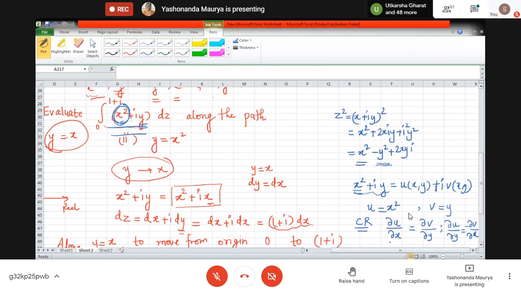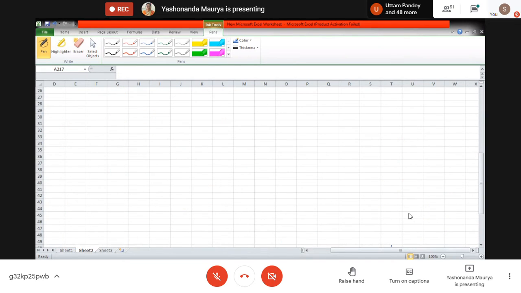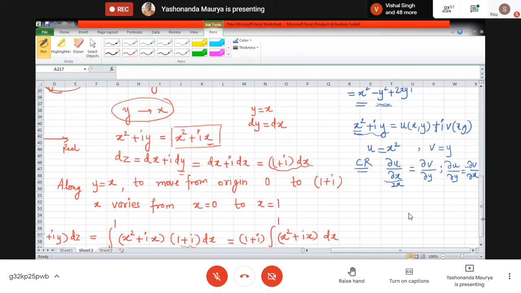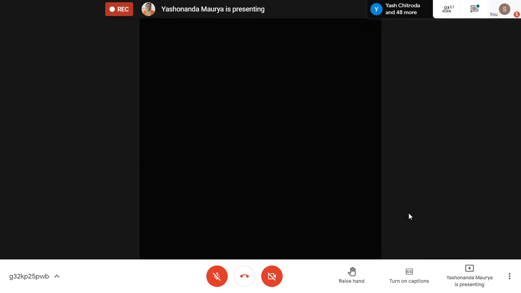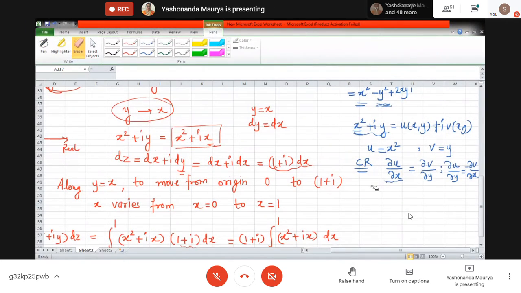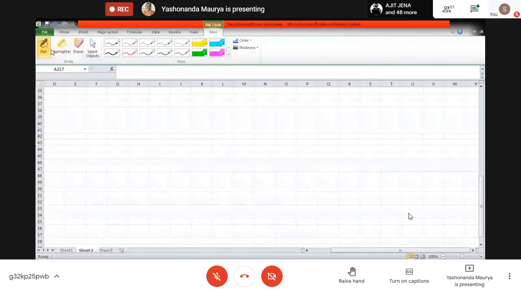So here, this part is turning out to be 2x. This term is 2x, and what is this?